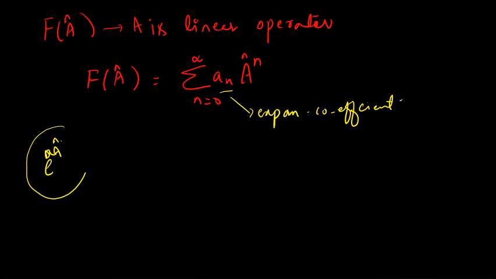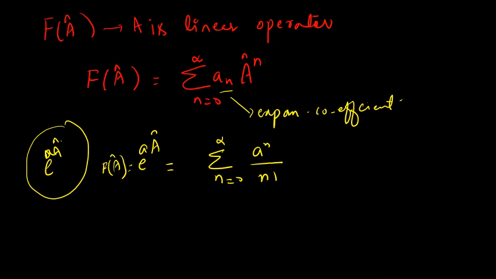We can Taylor expand this function operator f of A. We can write it as the summation from n equals 0 to infinity of a^n over n factorial into A^n. So here we can Taylor expand this function operator.